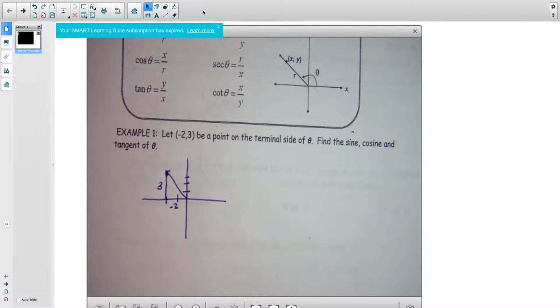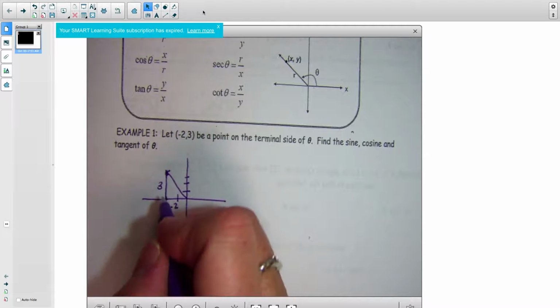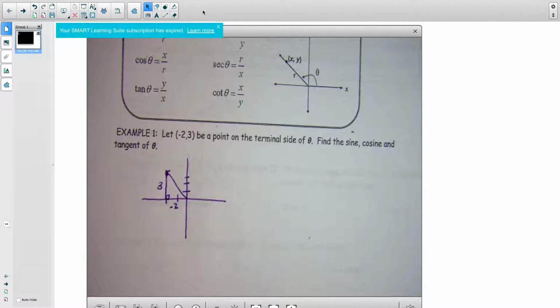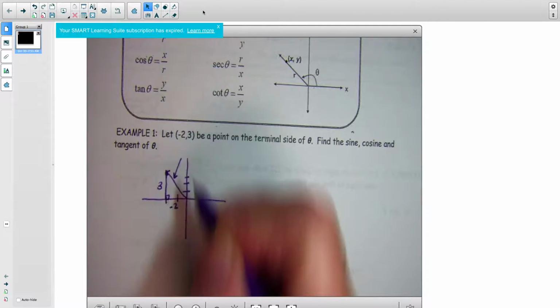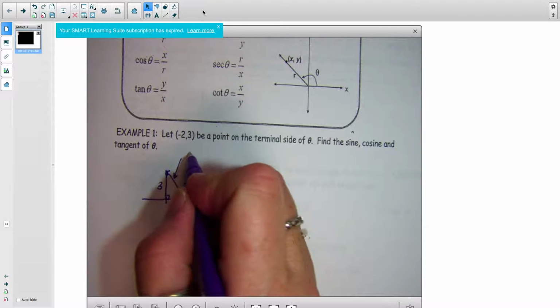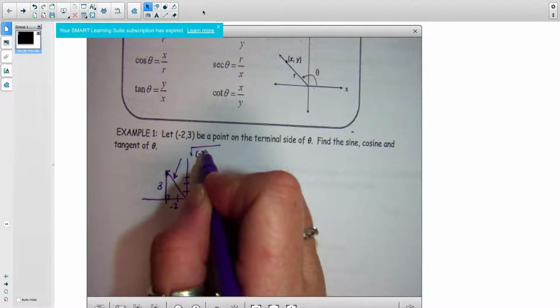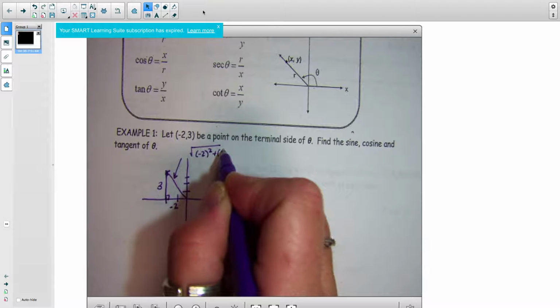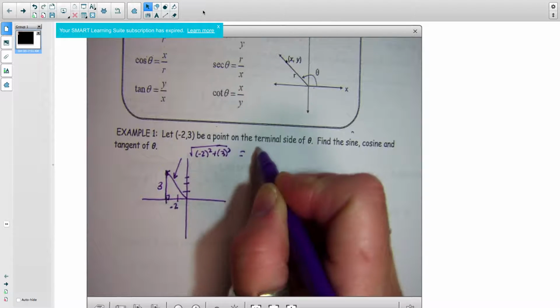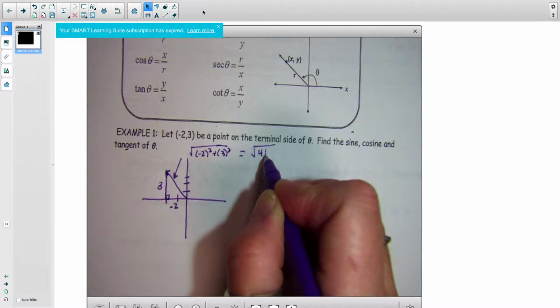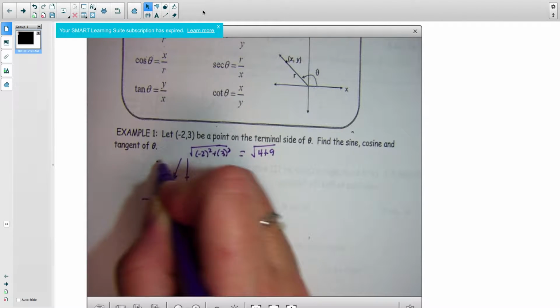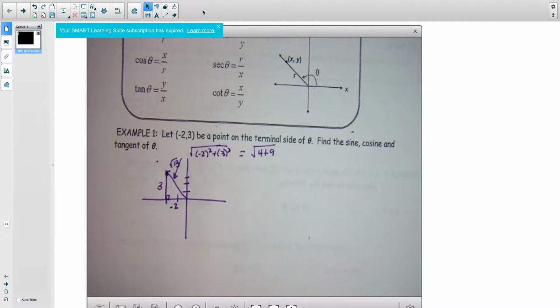So those are the lengths of each one of these. There's your right triangle. How do you find this hypotenuse here? -2 squared plus 3 squared equals, so that's the square root of 4 plus 9. So this is the square root of 13.